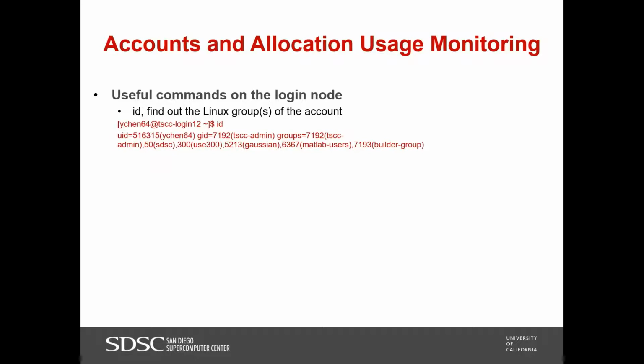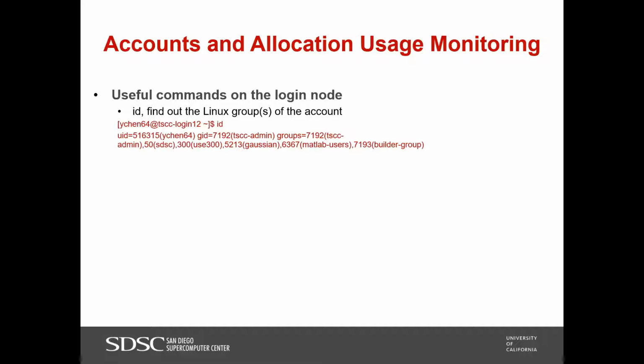So in this example, you see, I type id and I found that I'm in many different Linux groups. Why is it important? Because the Linux group will be used to determine which compute nodes your job can be submitted to. We will talk about the job queues and job submissions later.